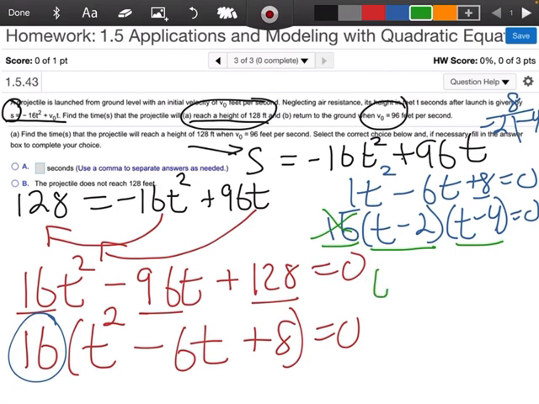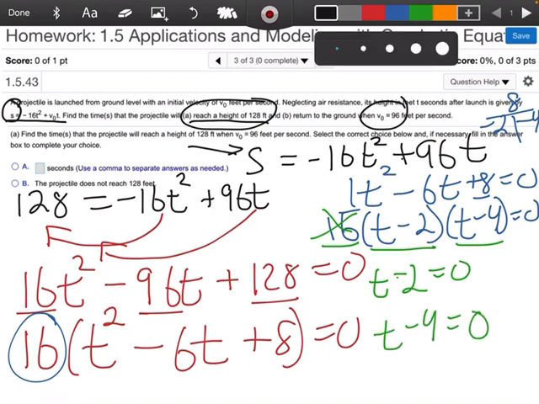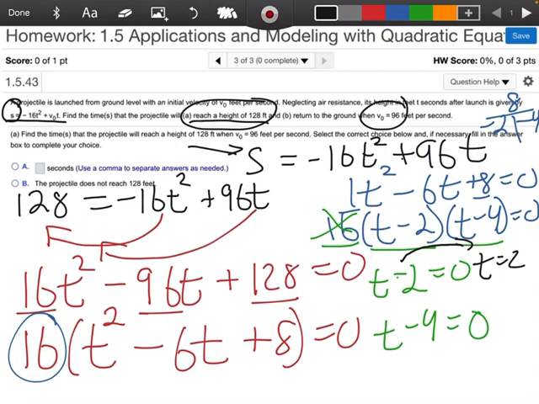I'm going to worry about t minus 2 equals 0 and t minus 4 equals 0. When I move that over, that's going to give me t equals 2. There's my first answer. When I move that one over, that's going to give me t equals 4. So we ended up with two answers here: t equals 2, and t equals 4.